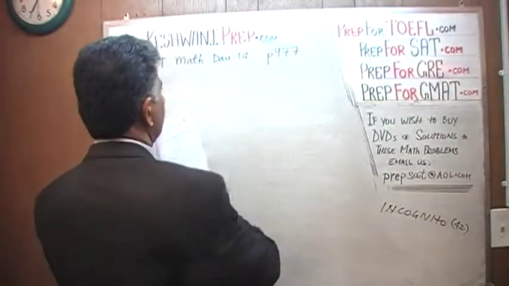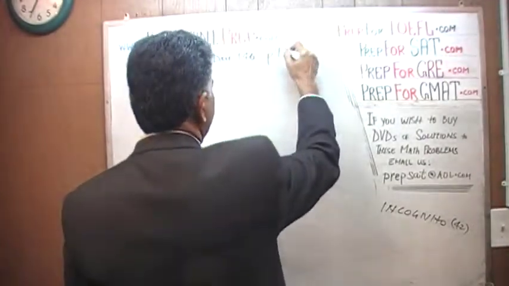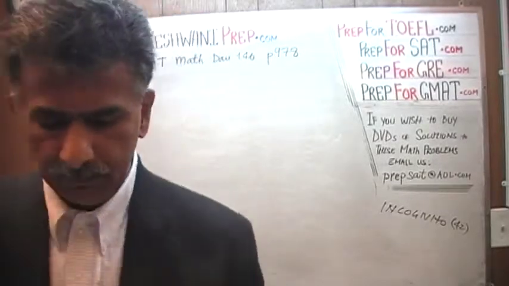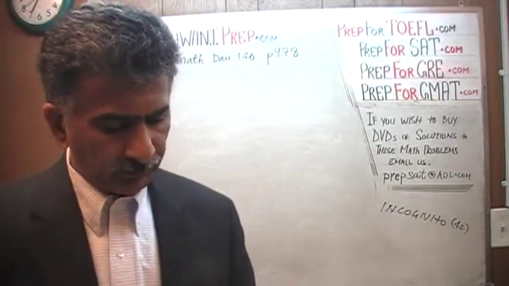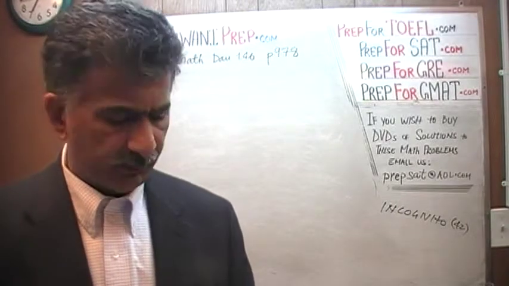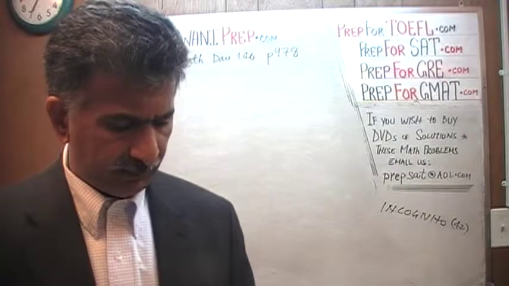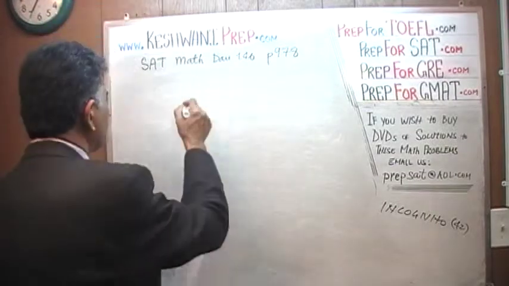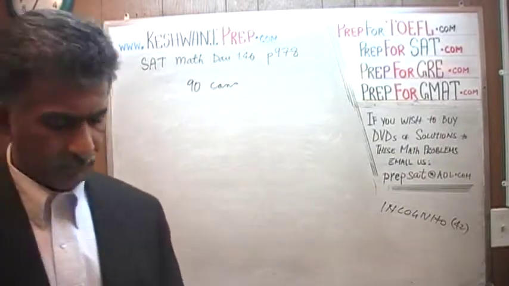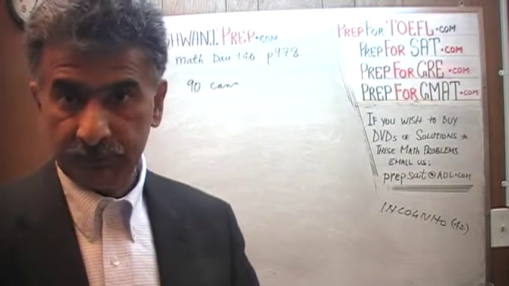Page 978. Next page. A clerk accidentally threw a valuable document into one of the 90 trash cans. Alright. So we have 90 cans, and the document is thrown in one of these cans. Obviously we do not know which can because it was done accidentally.